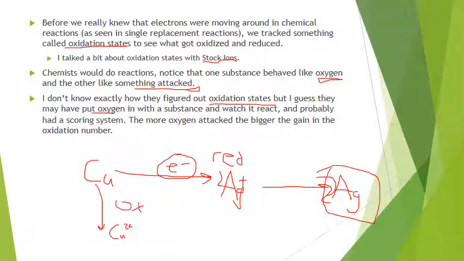So the more oxygen would attack an element, the bigger the gain in this thing called the oxidation number. So it's an empirical number that they noticed. It wasn't theory. They didn't know the structures of atoms to come up with these. So this is original chemistry before theoretical chemistry came along.